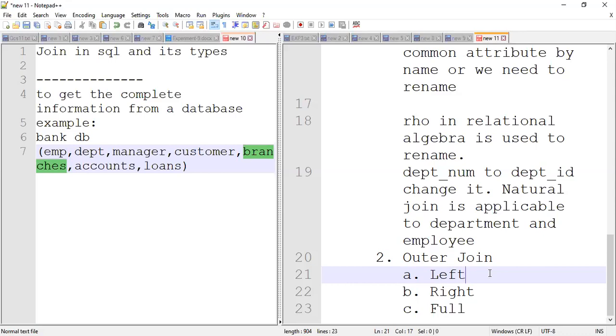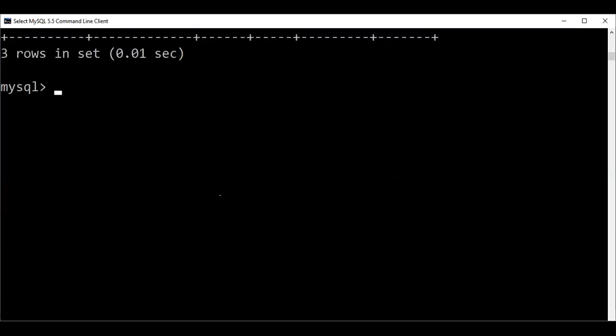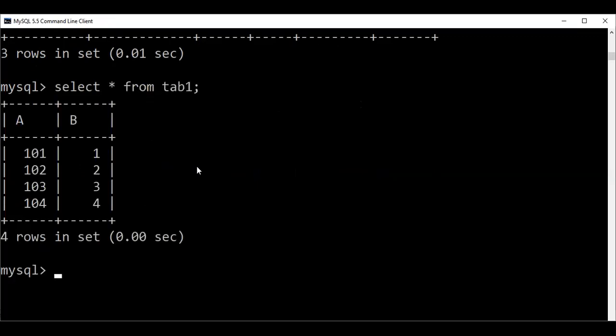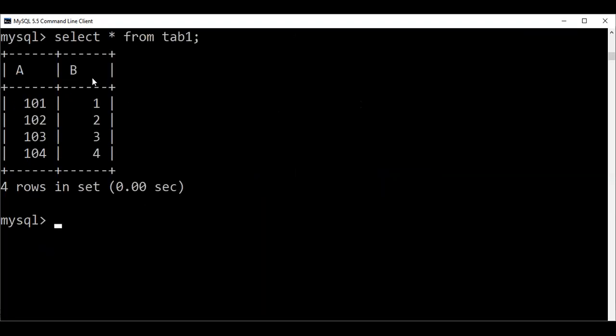I am moving again to the MySQL prompt. To explain this better, I have created 2 tables, tab 1 and tab 2. If I select star from tab 1, to apply outer join, it has 2 attributes A and B, and 4 rows: 101 is associated with 1, 102 with 2, 103 with 3, 104 with 4.